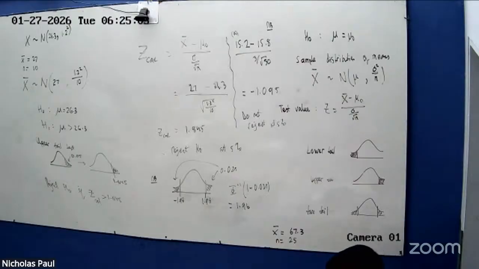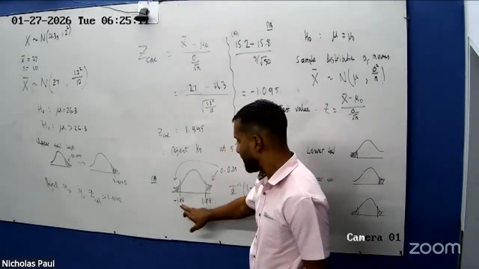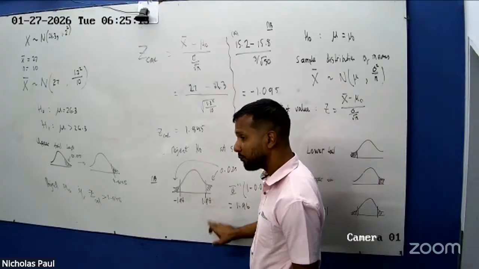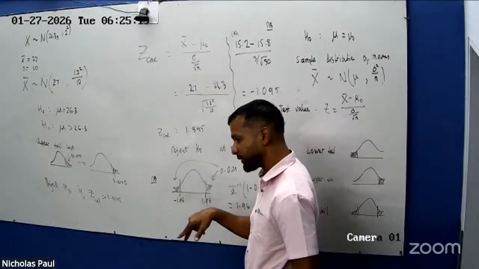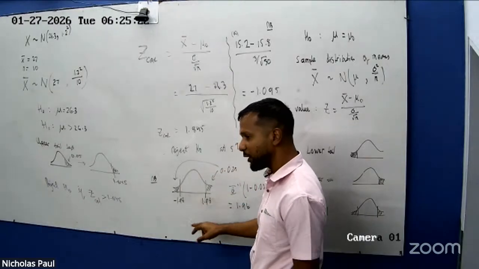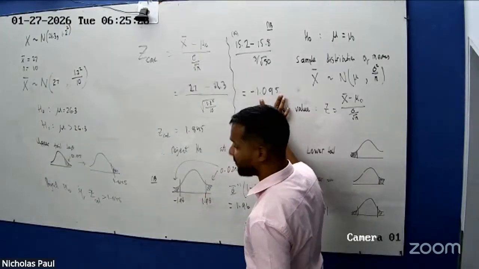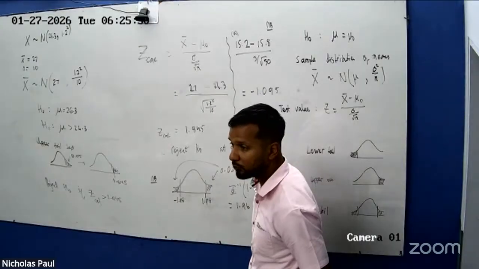You reject if this value is less than minus 1.96 or more than 1.96, if it is on either side. What some books will write is the modulus: if the modulus of your value is bigger than 1.96, you reject. The modulus of this is less than 1.96, so we do not reject.